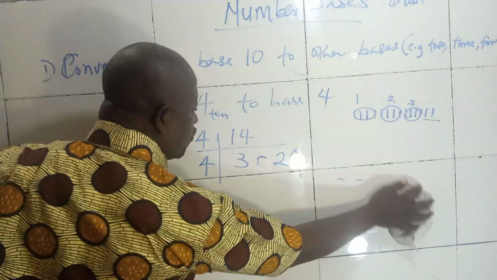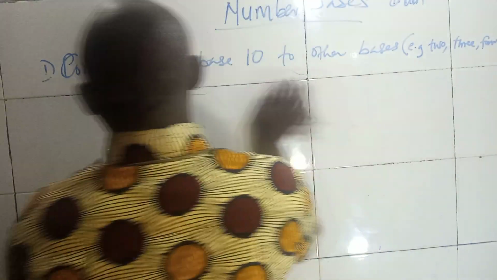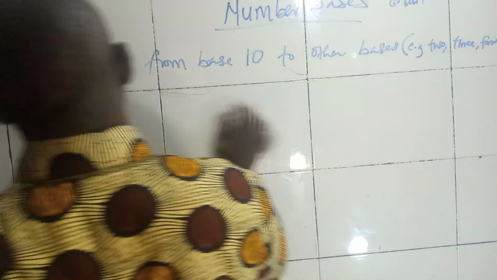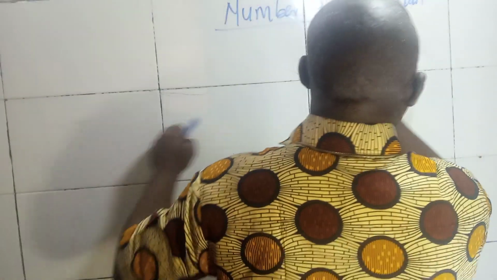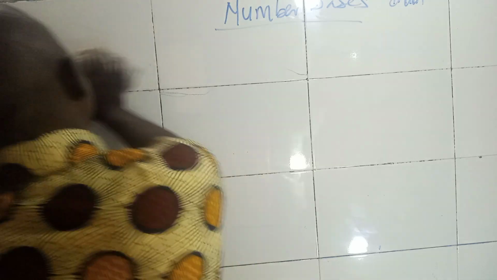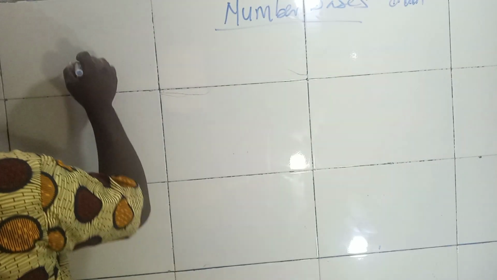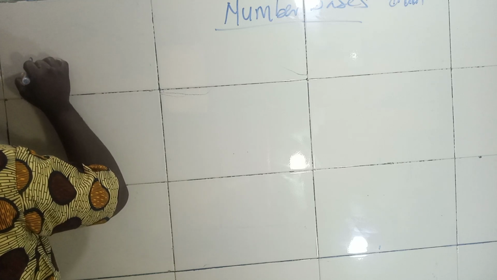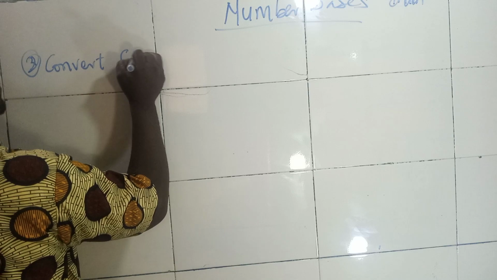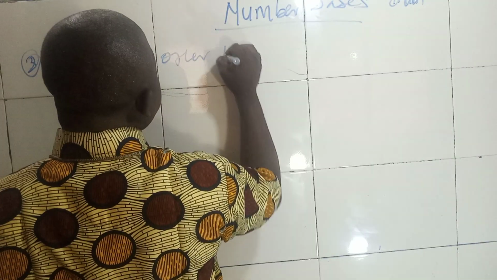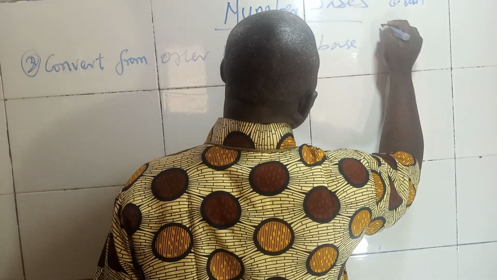So let's now go from other bases to base 10. Other bases to base 10. Conversion 2. Convert from other bases to base 10.